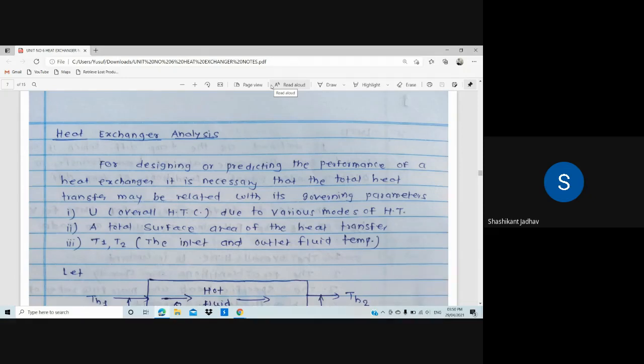Second, write down the total surface area of the heat transfer.